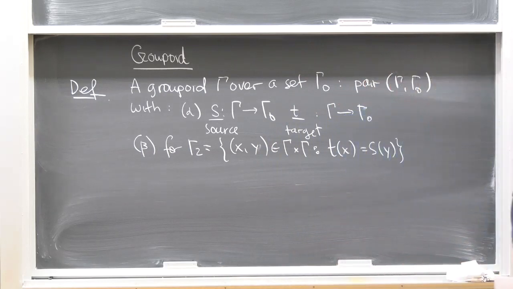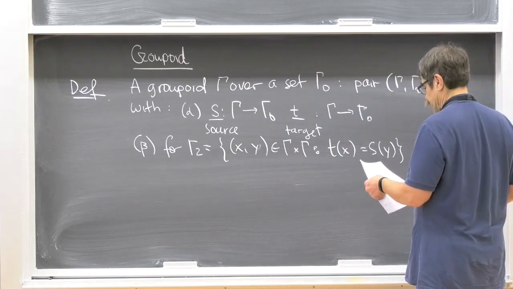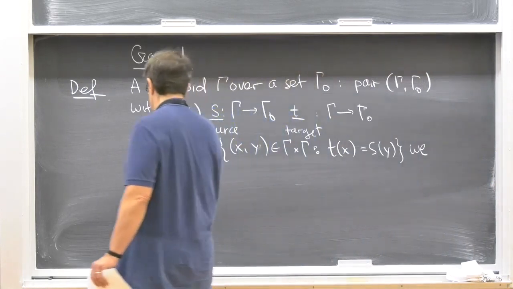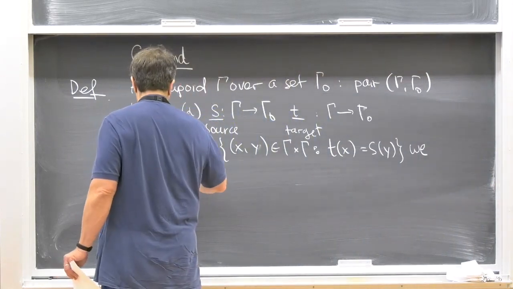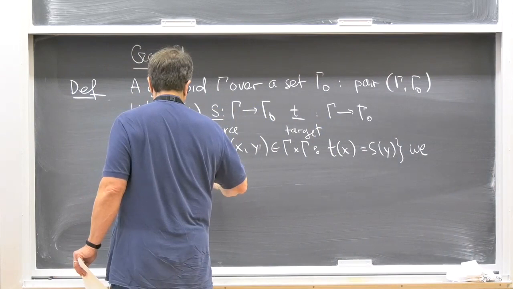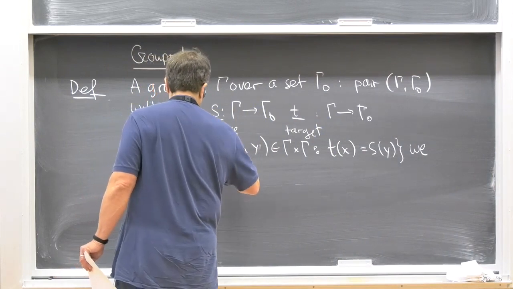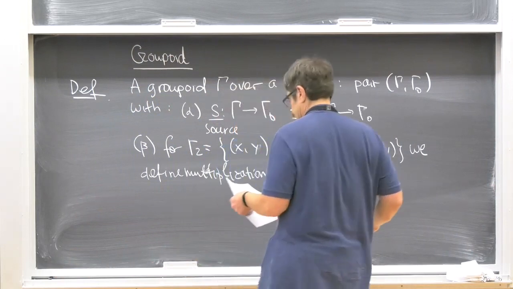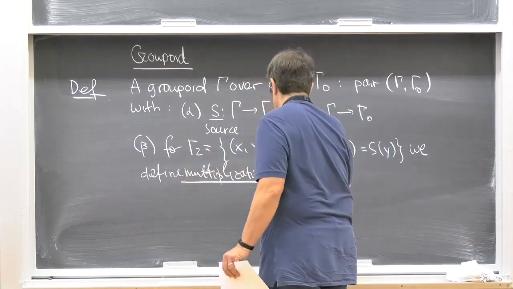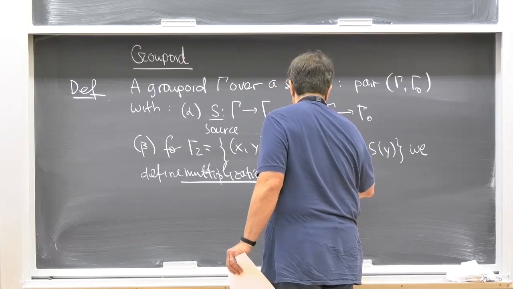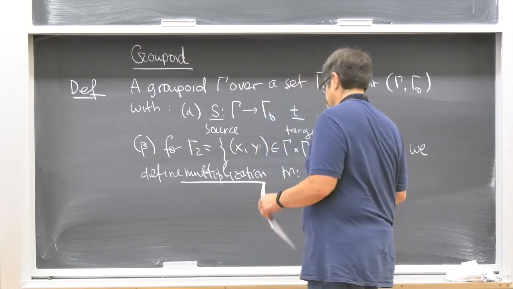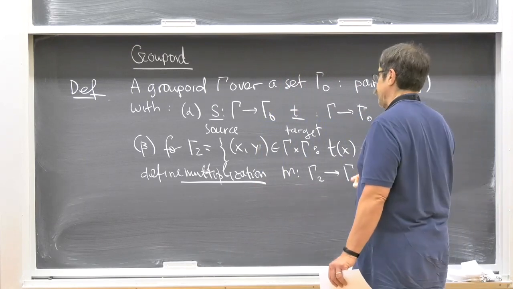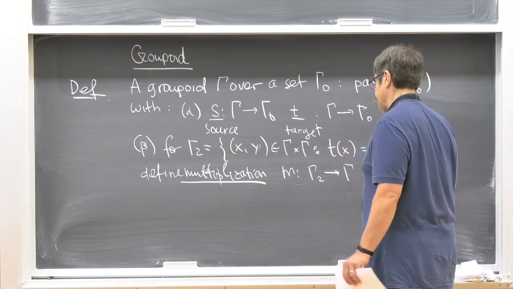That's why it's not a group and rather is a groupoid. So multiplication M, as usual, for any pair satisfying this condition.